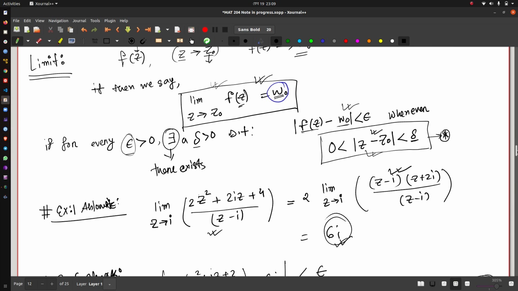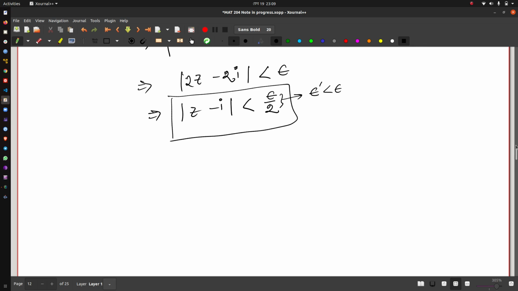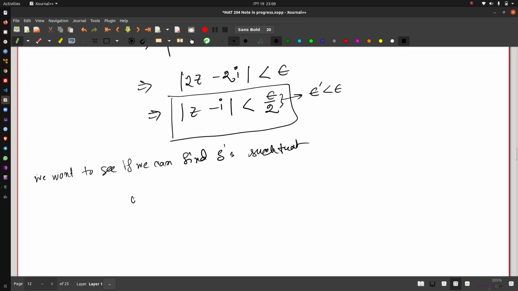So we want to see if we can find delta such that 0 less than modulus of z minus i is less than or equal to delta. Yeah, so this is the thing we want to see.